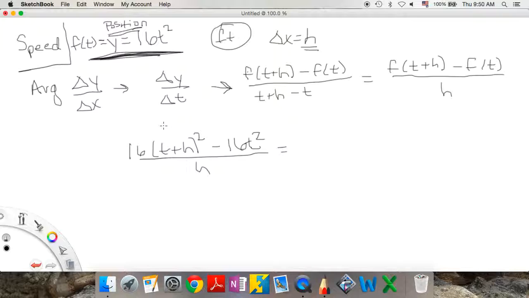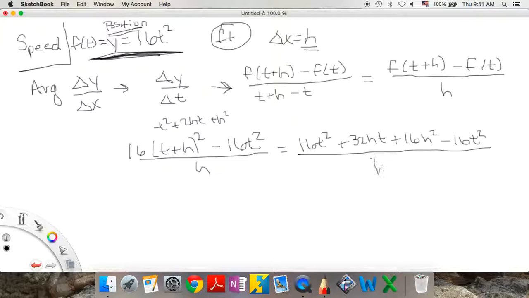And we can FOIL this out. We get t squared plus 2ht plus h squared. And then multiply it by 16. So we have 16t squared plus 32ht plus 16h squared minus 16t squared all over h.